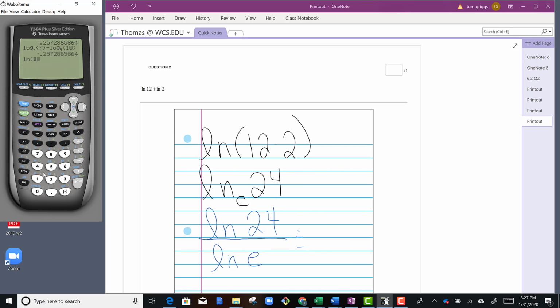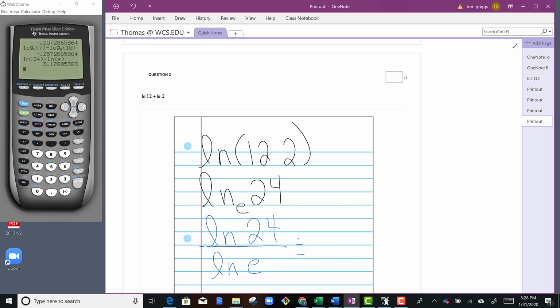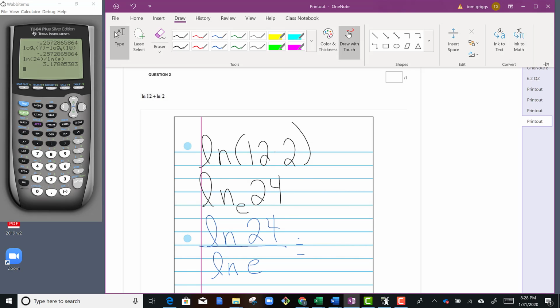And then we can type this in the calculator. And yeah, there's the E button. Second division sign gives you the E button. And so this is equivalent to 3.178 to 3 decimal places.